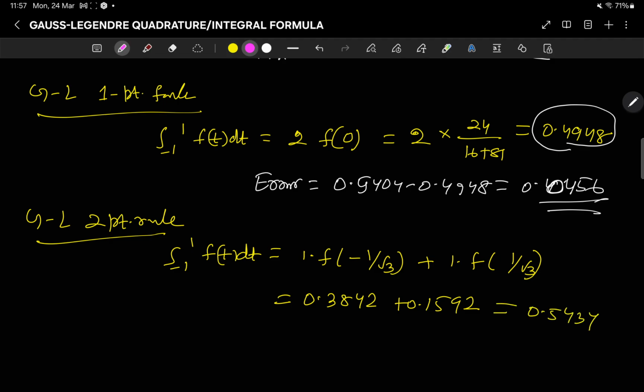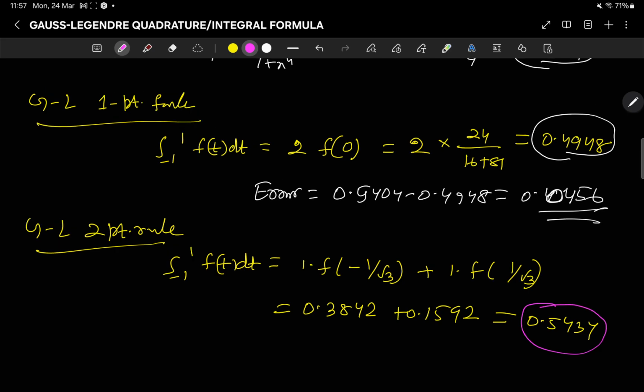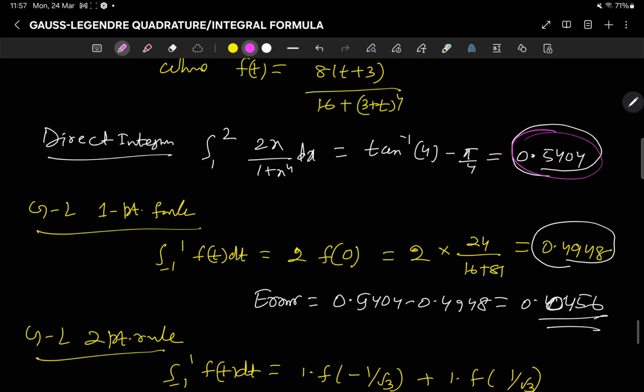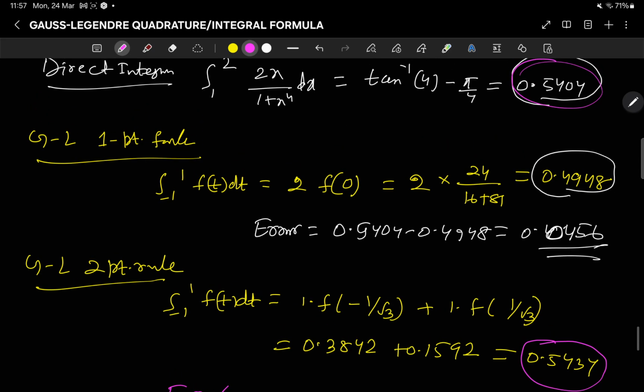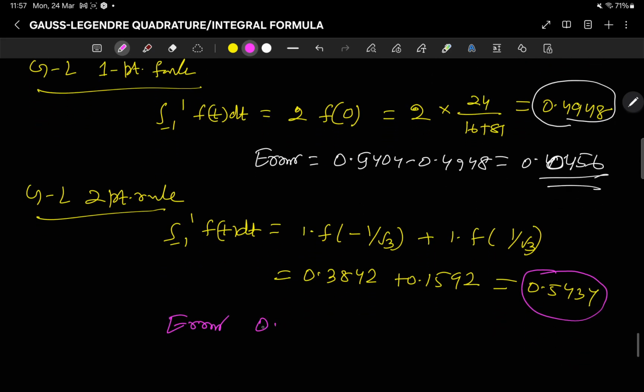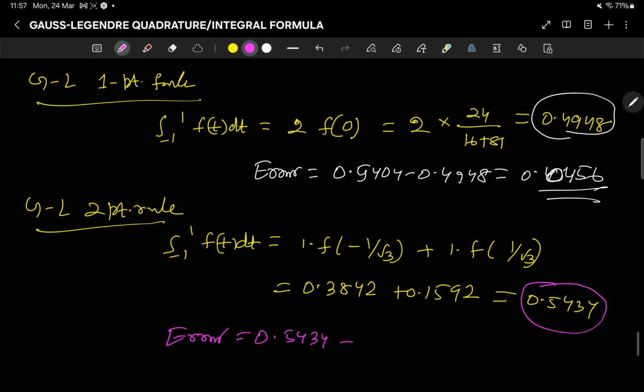And if we want to estimate the error, this is numerical integration minus the actual integration, and the error here will be 0.5434 minus 0.5404, so it is 0.003. Somehow the error is manageable.